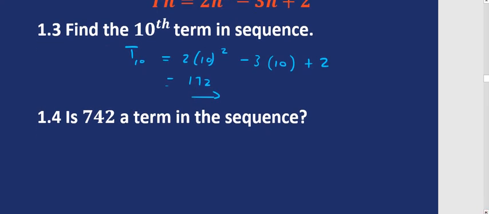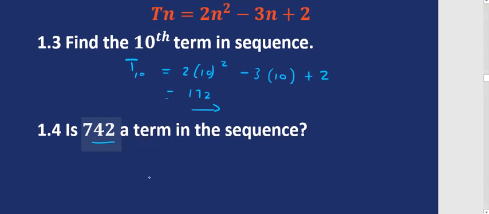Is 742 a term in the sequence? Okay, so that's easy. We could just check. Let's equate Tn to 742. We know our formula there on top. So we want to equate Tn to 742. So let's do that.